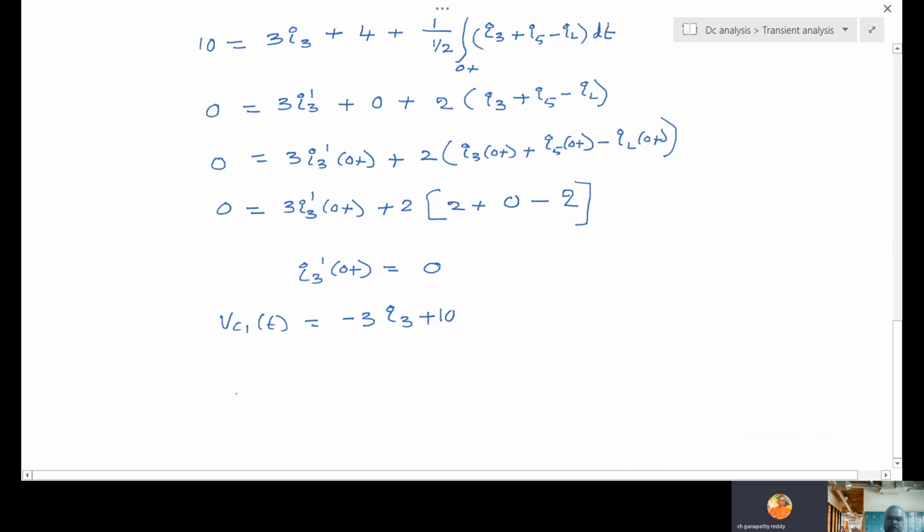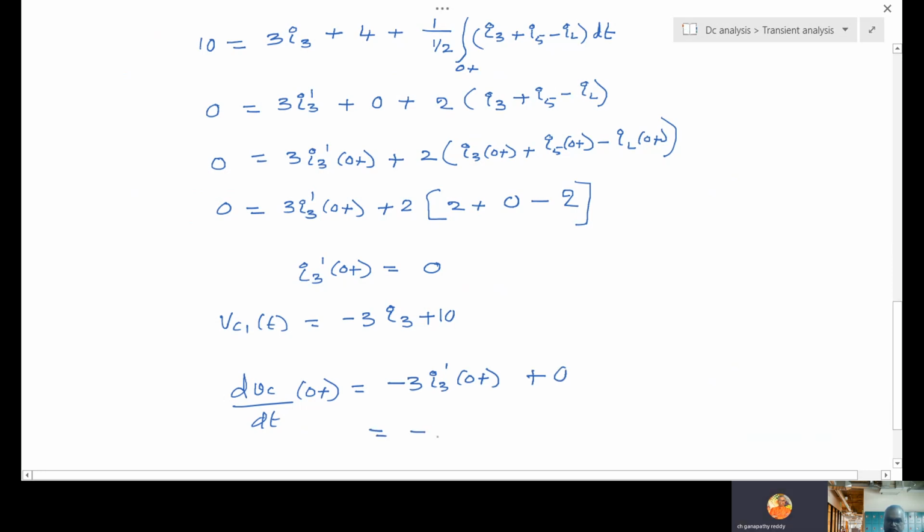Now differentiate this. dVc by dt 0 plus is equal to minus 3 I3 prime 0 plus and derivative of 10 anyway 0.